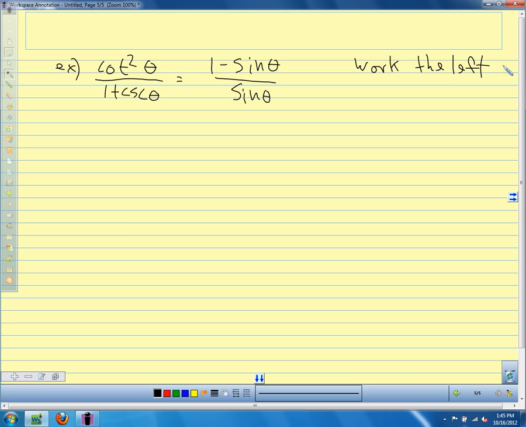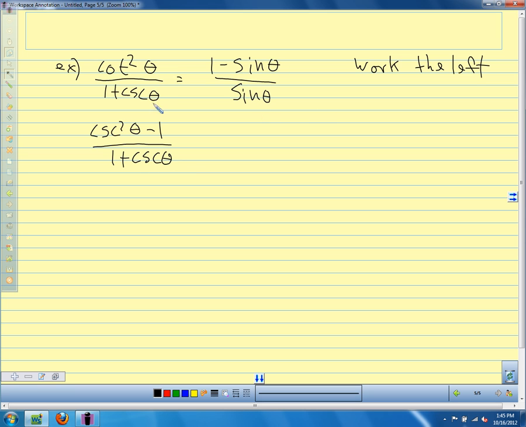From our Pythagorean identities, we have a Pythagorean identity that involves the cotangent. If I look at that third Pythagorean identity, I know that cotangent squared of u is cosecant squared of u minus 1. So I'm going to rewrite this as cosecant squared of theta minus 1 over 1 plus cosecant theta.